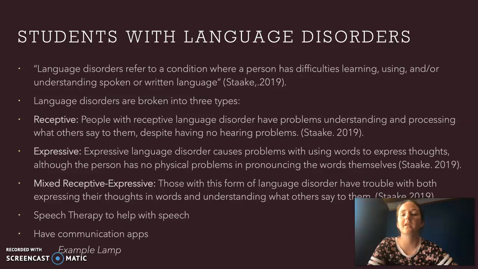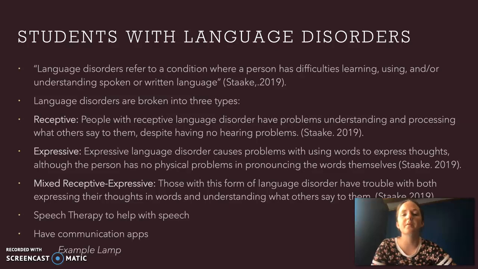You can encounter students that have language disorders, according to ASHA. I don't know how to say that correctly. Language disorders refer to a condition where a person has difficulties learning, using, and/or understanding spoken or written language. There are 3 types.